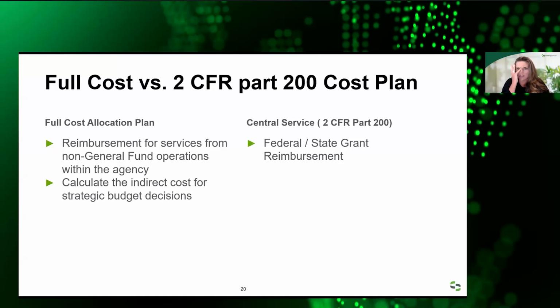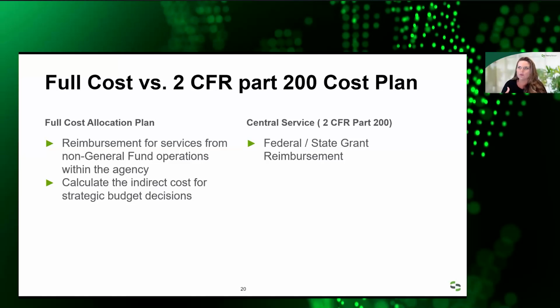Now, a full cost allocation plan, we follow the same process. It's the same methodology, the same allocation basis, that type of thing. But it's less conservative. So in certain cases, like we can't allocate out general government costs in the 2 CFR, but in the full cost plan you can, and it really is a cost.